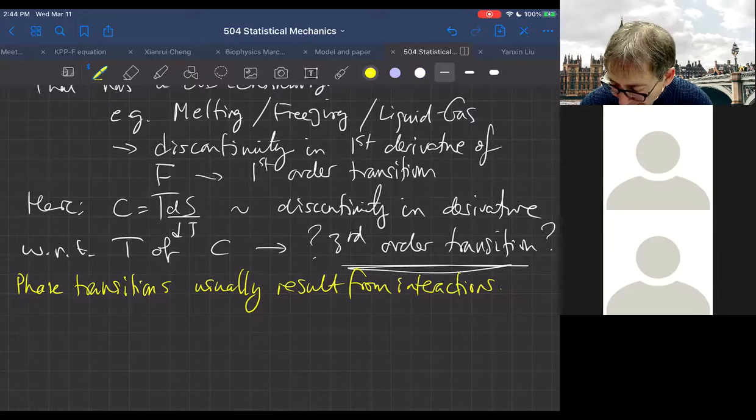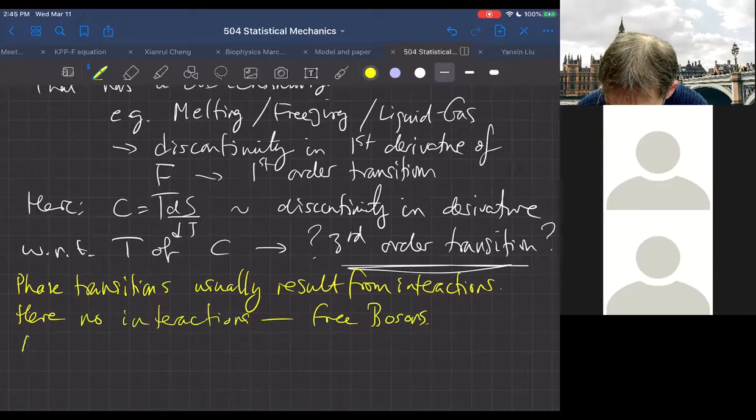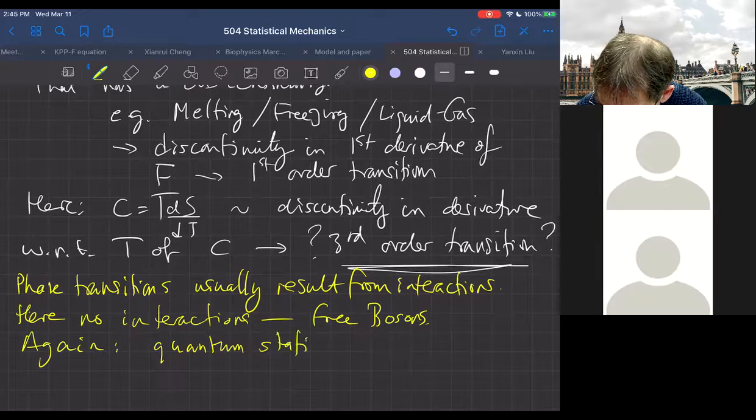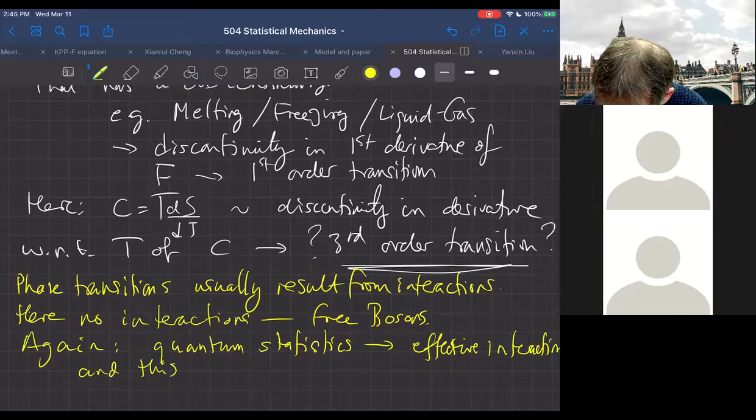But here, there are no interactions, because what we're dealing with is free bosons. So what we're seeing again is that the quantum statistics essentially gives rise to some effective interaction, and this is strong enough to cause a phase transition.